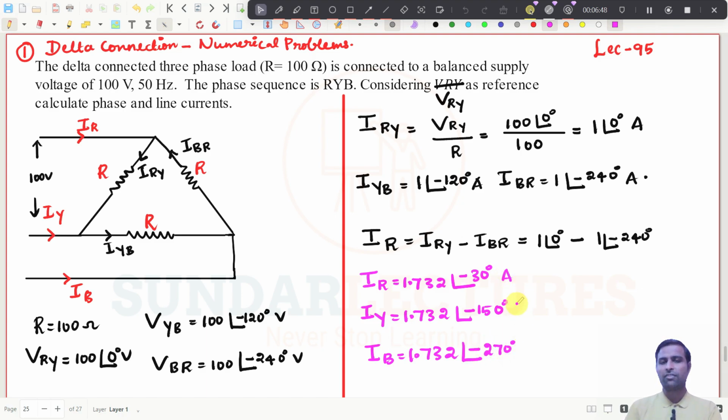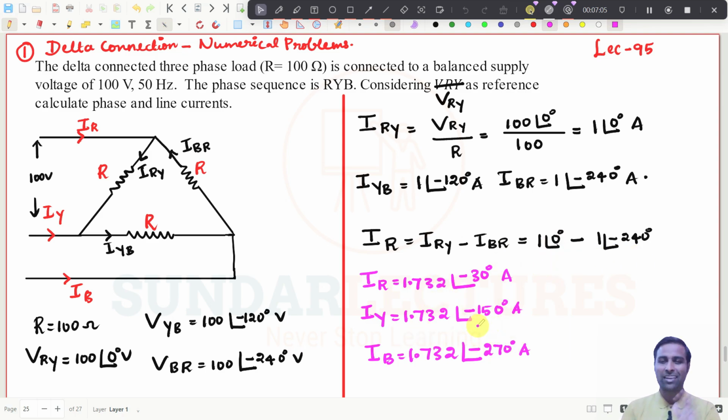Try to understand. If you know one answer, then you can easily find the others too. We found it like this, using the formula IRY minus IBR, then simplifying.